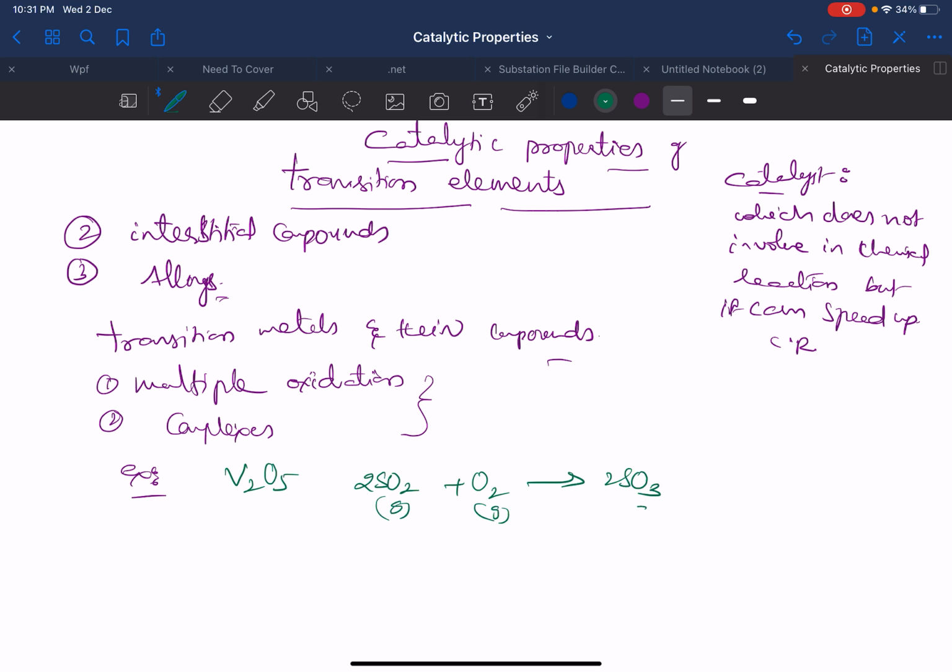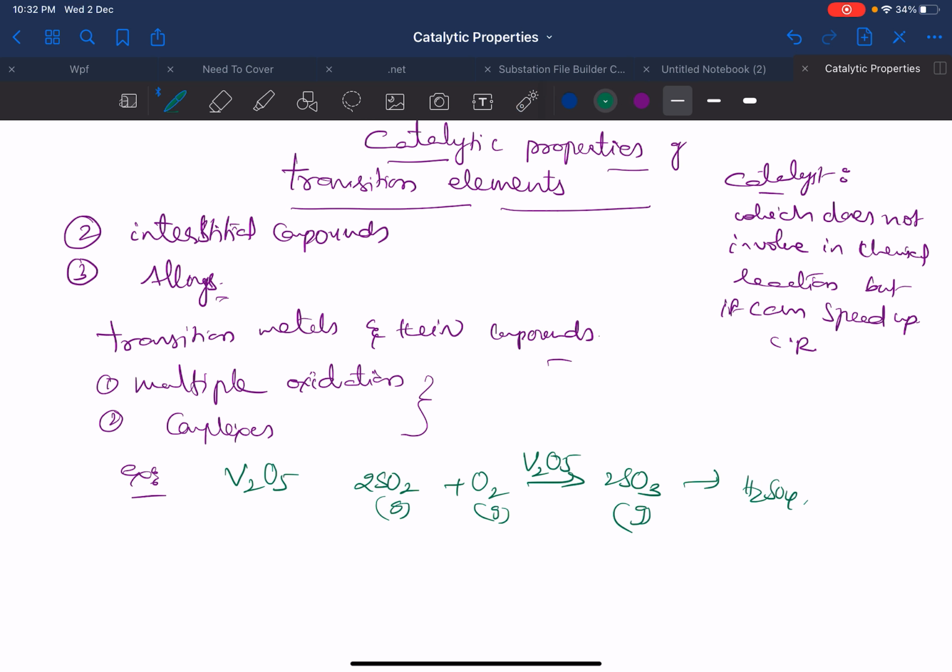Sulfur dioxide gas is converted to sulfur trioxide gas in the presence of vanadium pentoxide. This sulfur trioxide gas is used in the preparation of sulfuric acid. So vanadium pentoxide is a very good catalyst among transition element compounds.